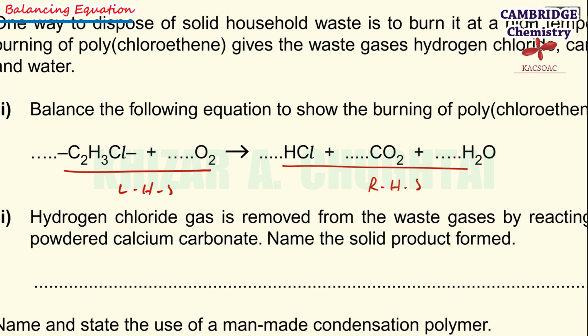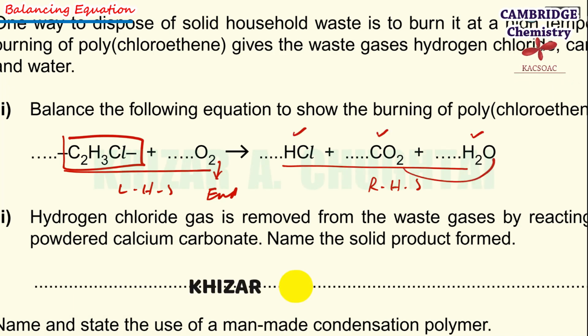Here is an element. Oxygen is the element which we balance at the end. Here is only one compound containing carbon, hydrogen and chlorine. Here are 3 different compounds containing hydrogen at 2 places, carbon at 1 place and oxygen also at 2 places.